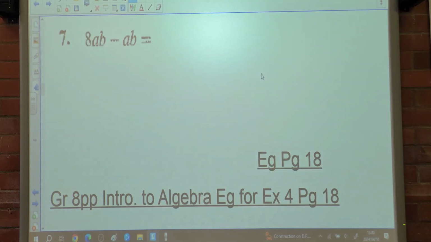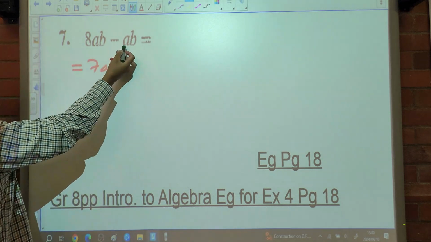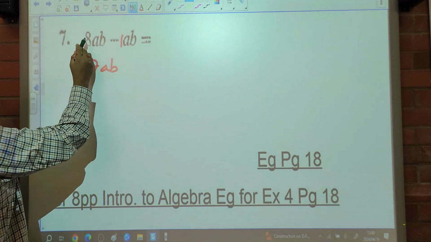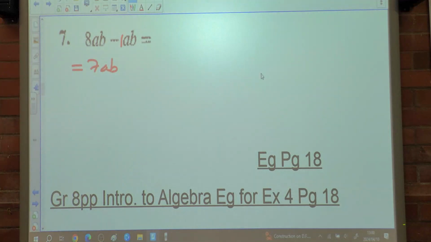What's your answer? Are they like terms? Yes. So what's 8ab minus ab? 7ab. What's the coefficient of ab? 1. So in other words, 8 minus 1 is 7. Adding and subtracting, the variables stay there.